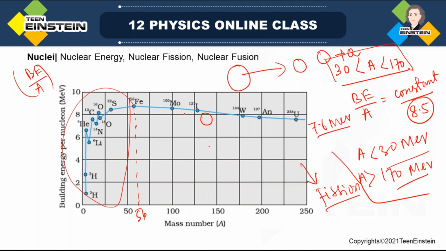But if I take smaller nuclei and combine them to make a bigger nucleus, then what happens? Say these two smaller nuclei are A and B, and this is the bigger one C. They have greater binding energy than this C. So in this case, C is less stable. So there will be no release of energy, rather you have to supply energy.